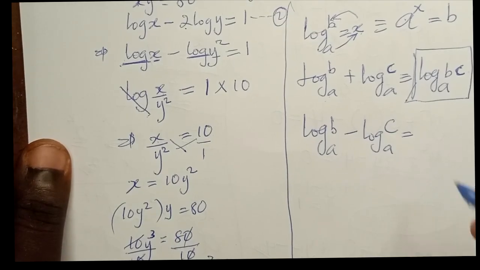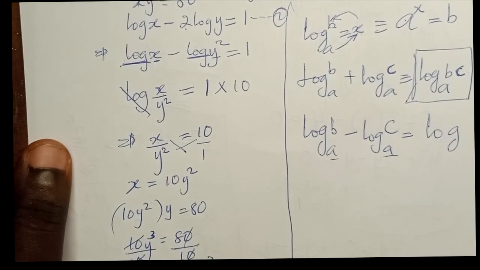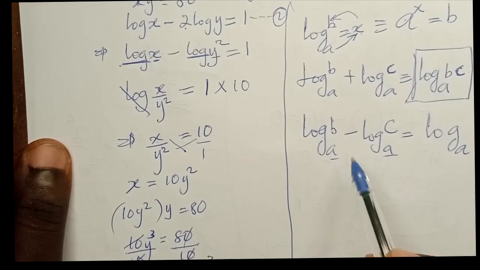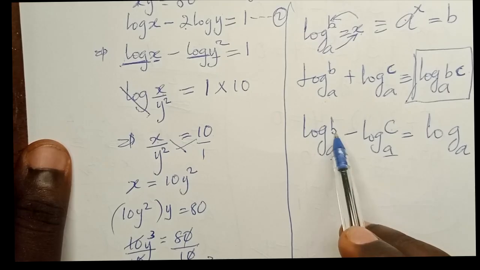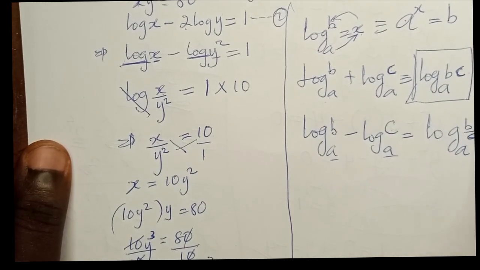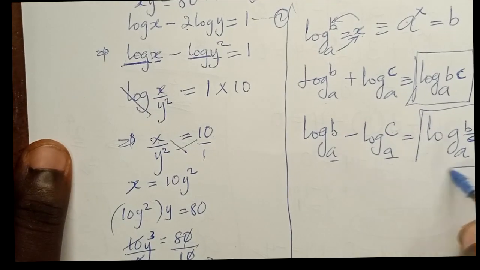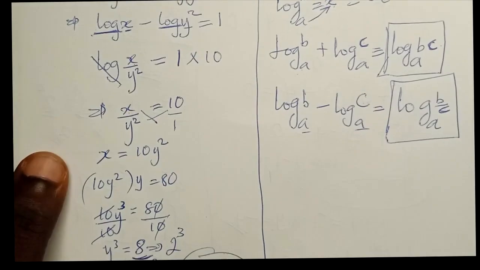We are going to take one of the logs, since both have the same base, and give it that base. And now we are going to divide. Minus means divide, so b divided by c. That's the next rule here.